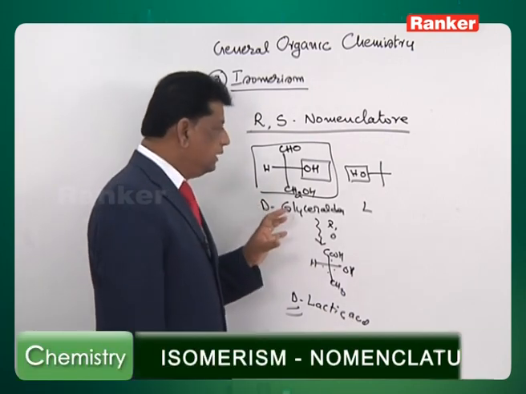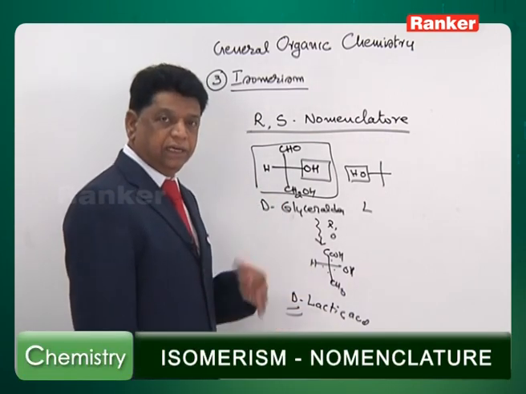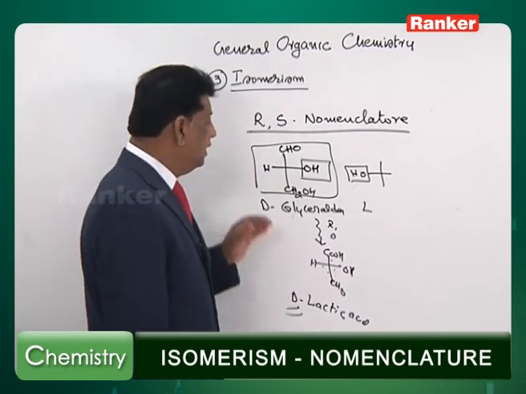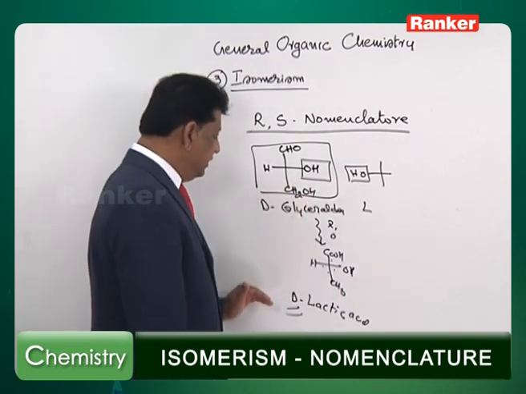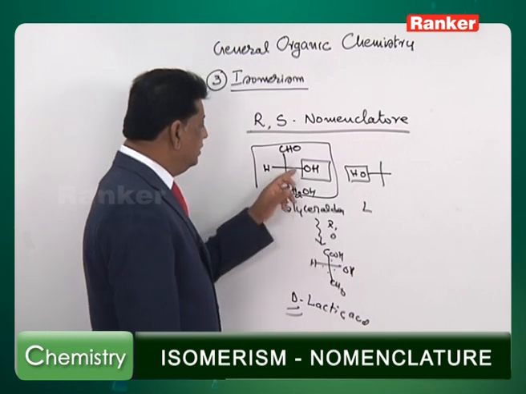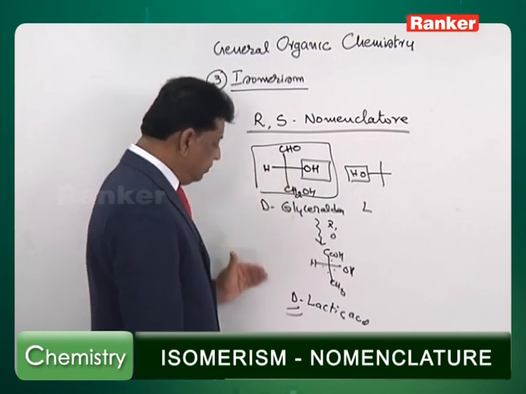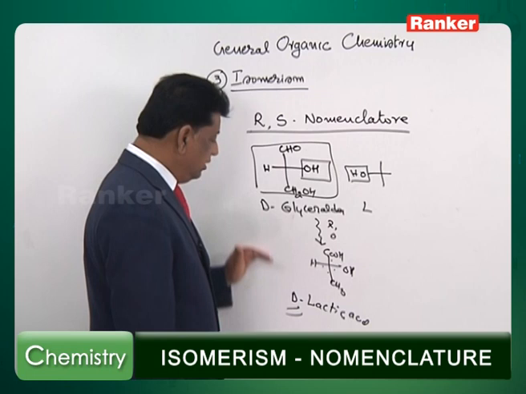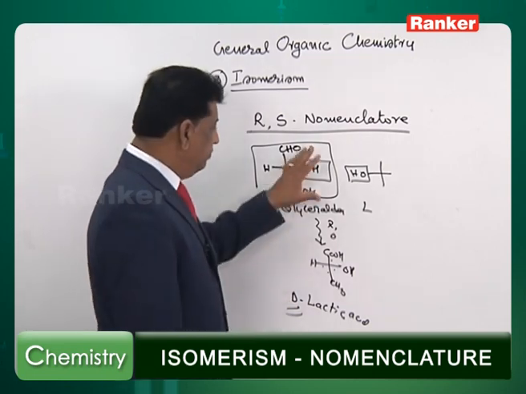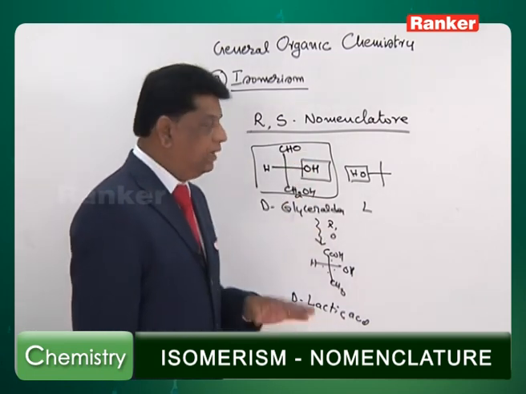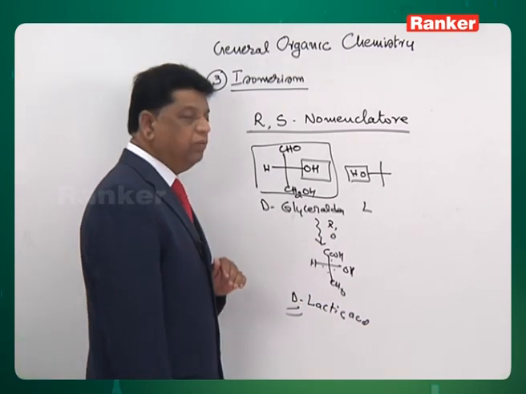So we have to understand the mechanism, whether retention or inversion is taking place, and then we extend this D. D means there is no breakage. So therefore 100% there is no change in the D, so D will give D only. If inversion takes place, D will give L. Like that we extend.